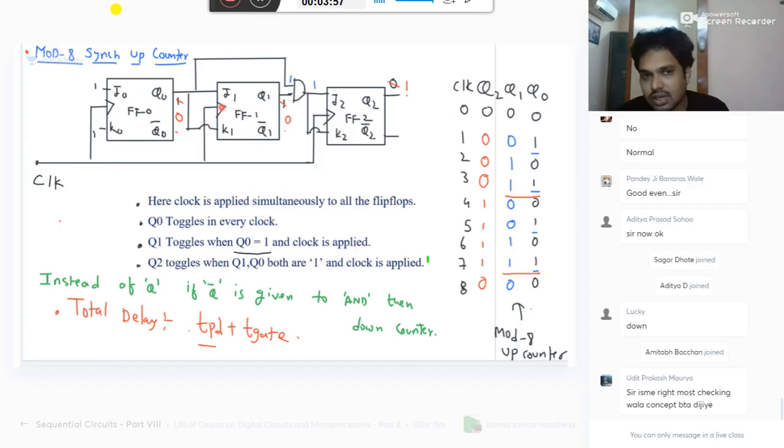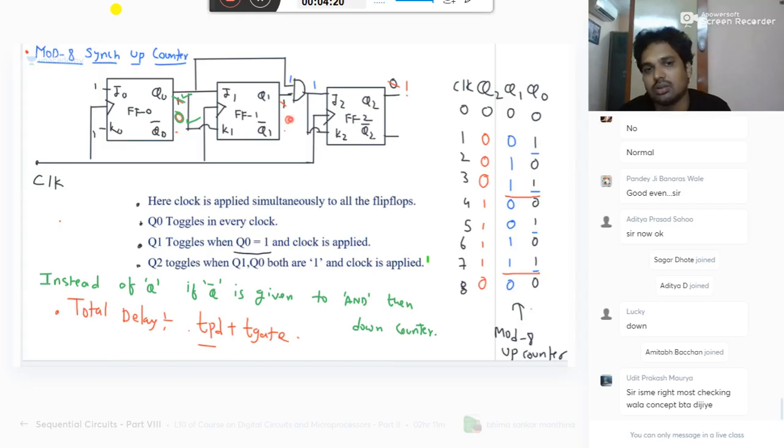That confusion can occur. If you analyze from this side, you are first taking the output, then taking this output, that is, after taking the output, you are changing the input here. So that's why it is better to do from this side. There is no rule you cannot do from the other side. You can do from both sides, but no confusion if you do from the right side.